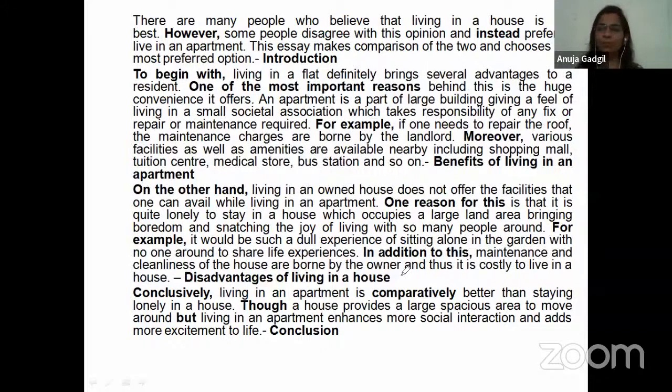Whereas if you're living in an apartment, there are 20 people living there, so cleaning, hygiene, maintenance, trash management, everything is divided. It is shared, it's everybody's responsibility. Just like if you are living in a building, there is a person who comes and picks up your trash. All of you contribute and pay him on a monthly basis.